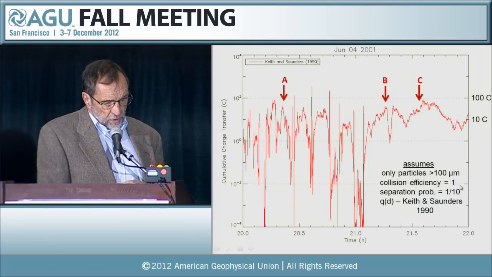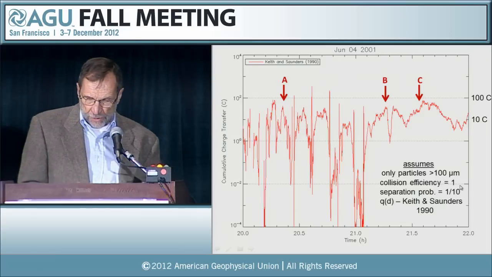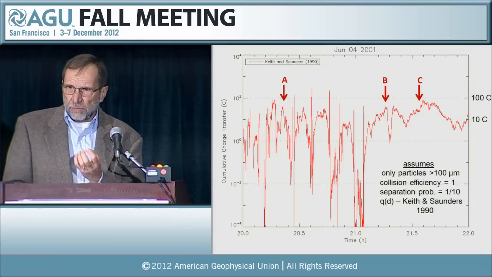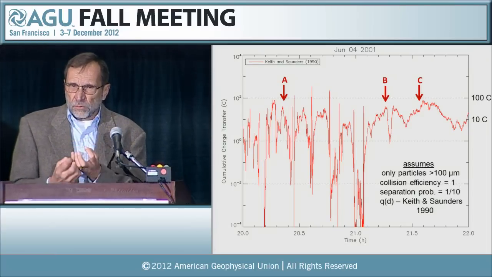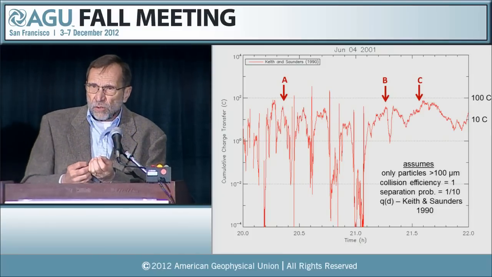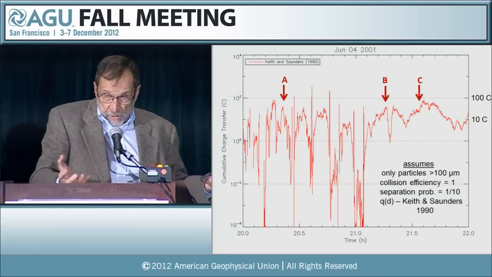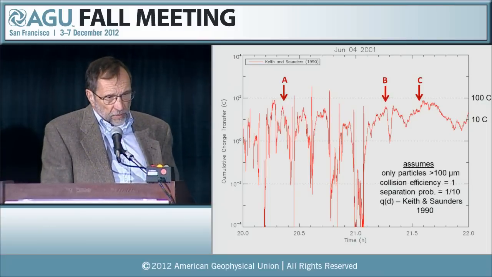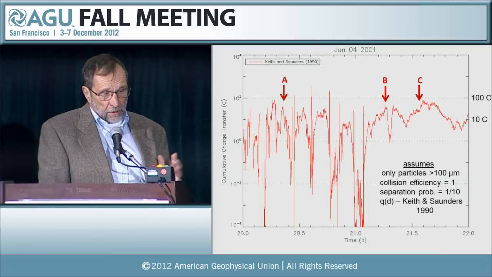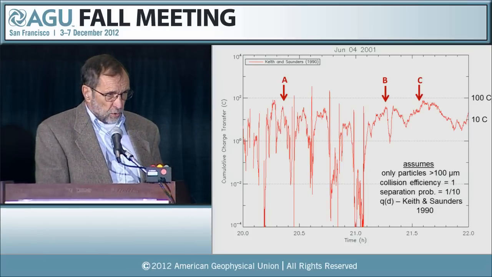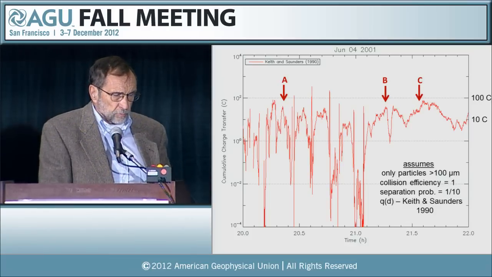One of the parameters we also need to examine is the probability that, if a small crystal collides with this aggregate, it's actually going to separate and move charge rather than just aggregate and remain part of the crystal. I've assumed that's 1 out of 10. 1 out of 10 will actually separate. It could be much smaller.